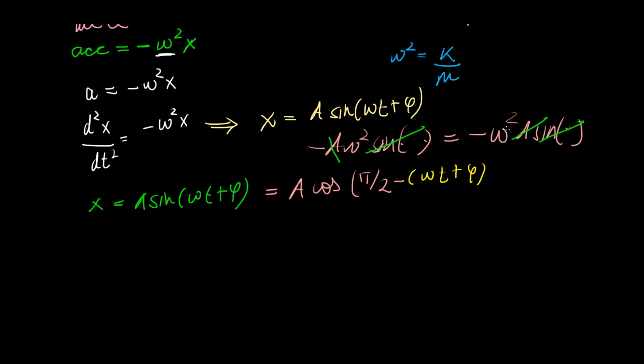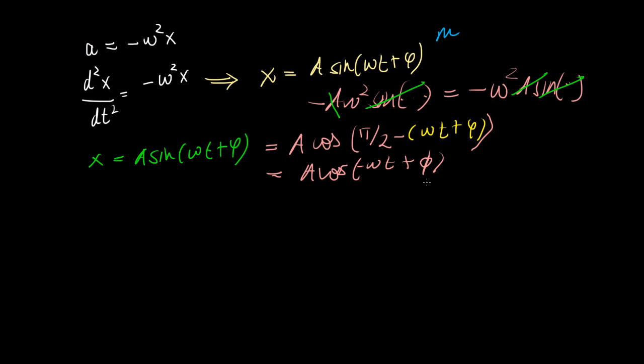Now if you simplify this further, you will get A times cosine of omega t plus some other constant. Omega is already used, so let me write one more phi like that, where this phi is the earlier phi minus pi by 2.